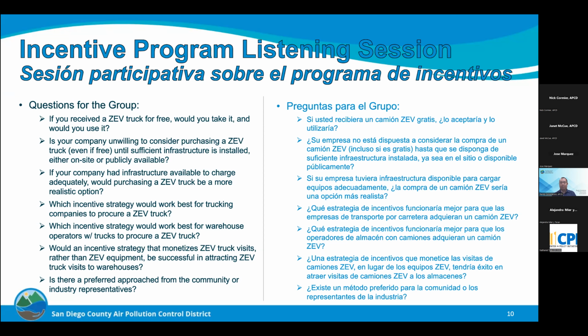Which incentive strategy would work best for trucking companies to procure a ZEV truck? Which incentive strategy would work best for warehouse operators with trucks to procure a ZEV truck? Would an incentive strategy that monetizes ZEV truck visits rather than ZEV equipment be successful in attracting ZEV truck visits to warehouses? And is there a preferred approach from the community or industry representatives?